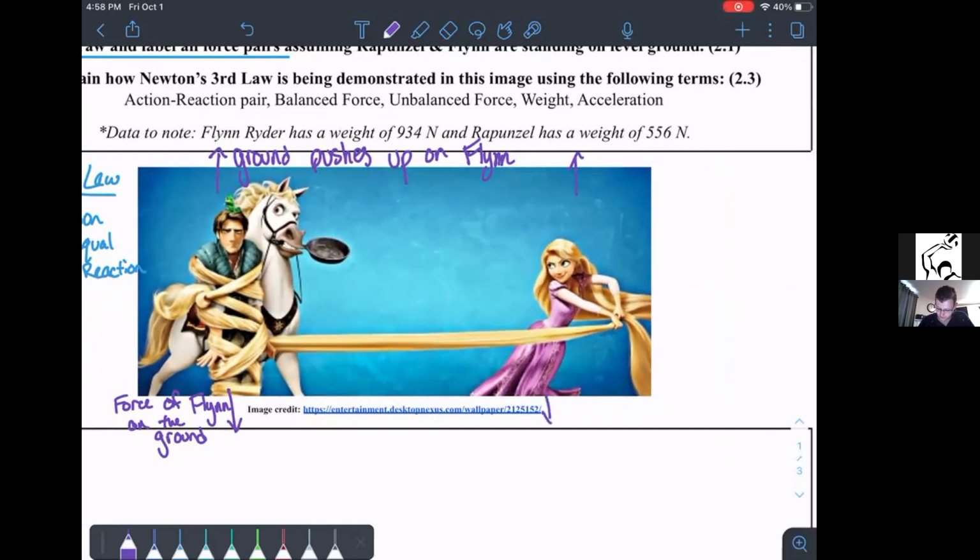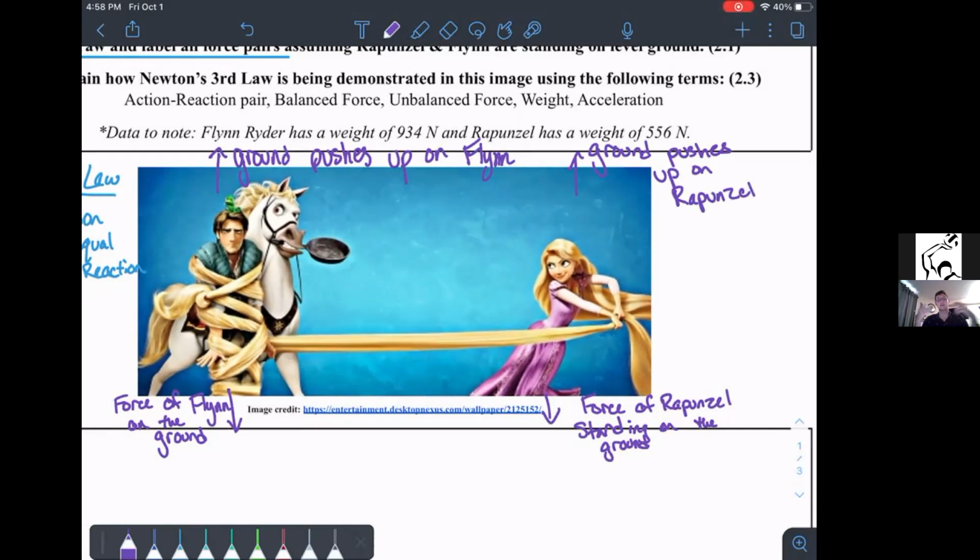So if she pushes on the ground, so the force of Rapunzel standing on the ground, or she's technically pushing on the ground, the ground pushes up on Rapunzel.